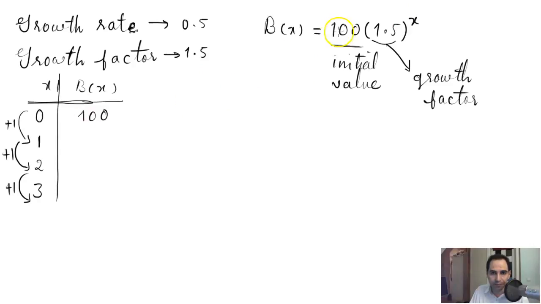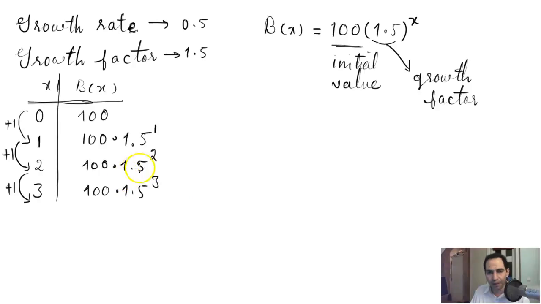That means that now this output is going to be 100 times one of these growth factors, so times 1.5. When your x is equal to 2, it becomes 100 times 1.5 raised to the second power, and this is 100 times 1.5 raised to the third power.